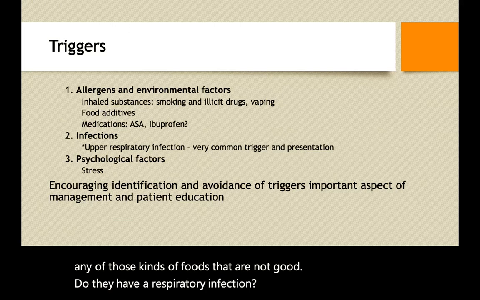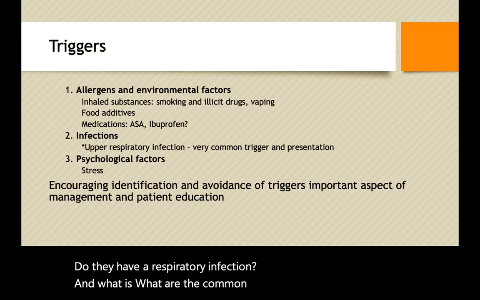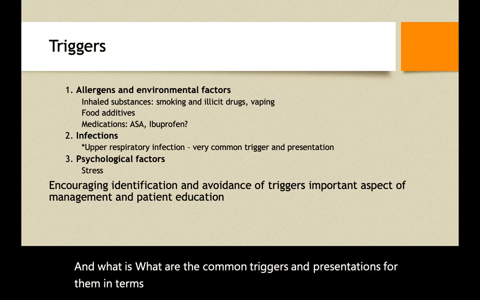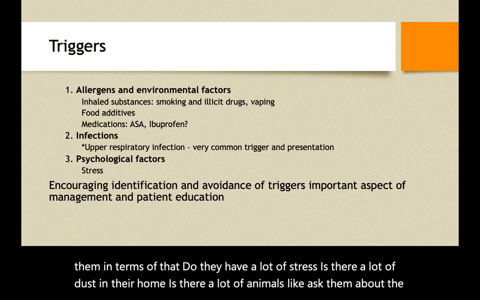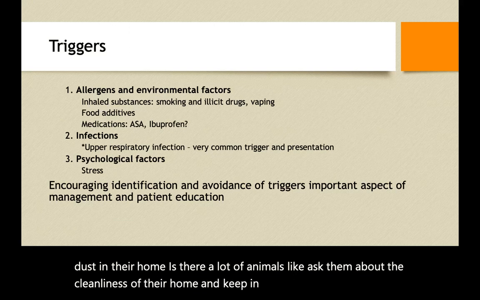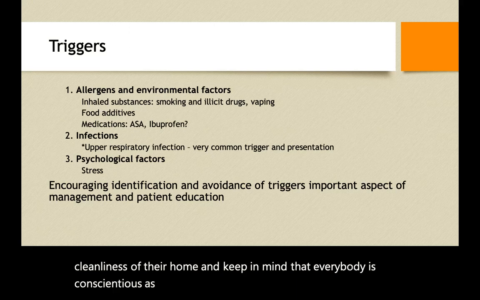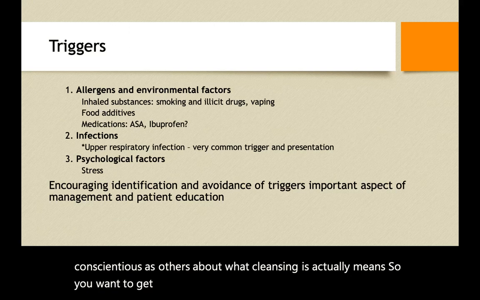And what are the common triggers and presentations for them in terms of that? Do they have a lot of stress? Is there a lot of dust in their home? Is there a lot of animals? Like, ask them about the cleanliness of their home. And keep in mind, not everybody's as conscientious as others about what cleanliness actually means. So you want to get some details, like how often is the house vacuumed?